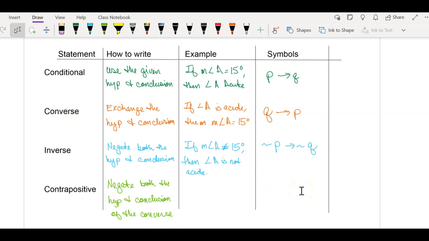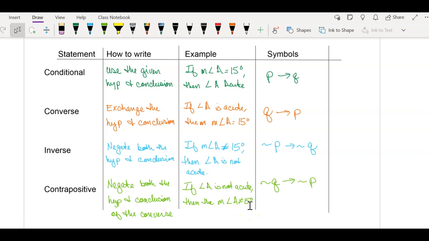So we're going to say, if not Q, then not P. So for this one, it would be, if angle A is not acute, then the measure of angle A is not equal to 15 degrees. So we negated the converse example.